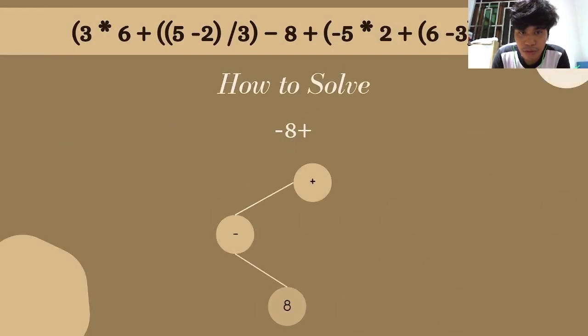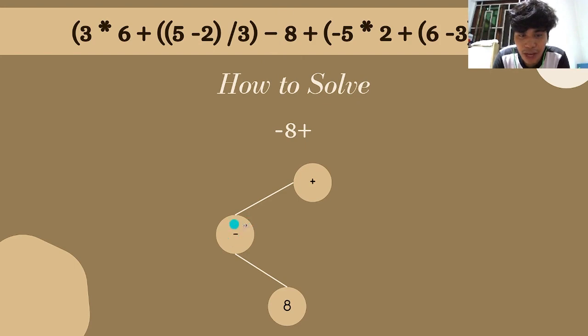So that should be understood. And here it's just another application of the negative sign. We have the positive, or plus, operand as our operation that is dividing the two expressions. And here we just apply what we learned about dealing with negative signs on constants.